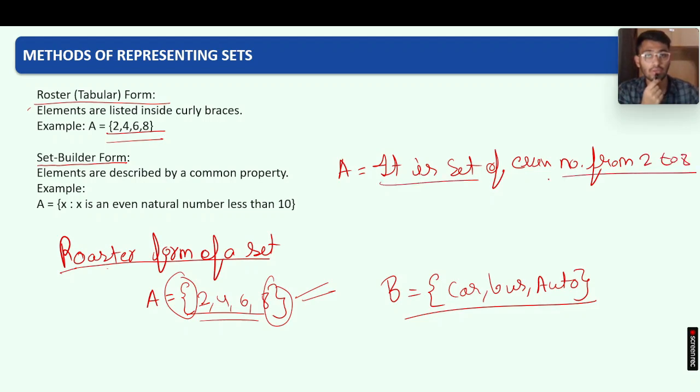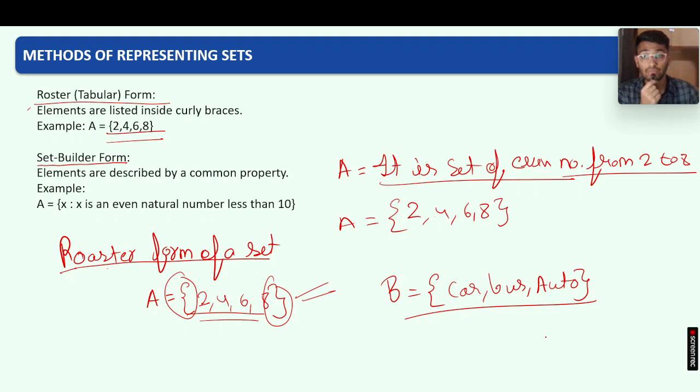You can say it in written form like this. Okay, 2 to 8 means even numbers 2, 4, 6, 8. These are the even numbers from 2 to 8, so it is the same as A.